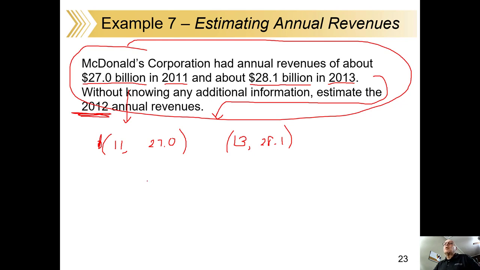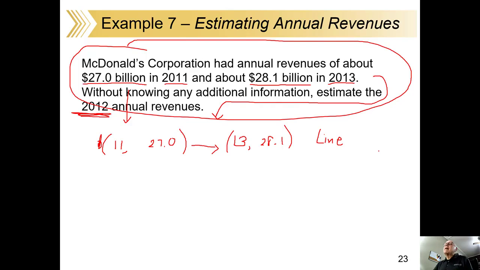Well, first of all, we're going to assume that in going from 2011 to 2013, the revenue is increasing in a linear fashion. If we can assume that, then if we graph these, time versus revenue, we're going to see a line. We're going to make that assumption.